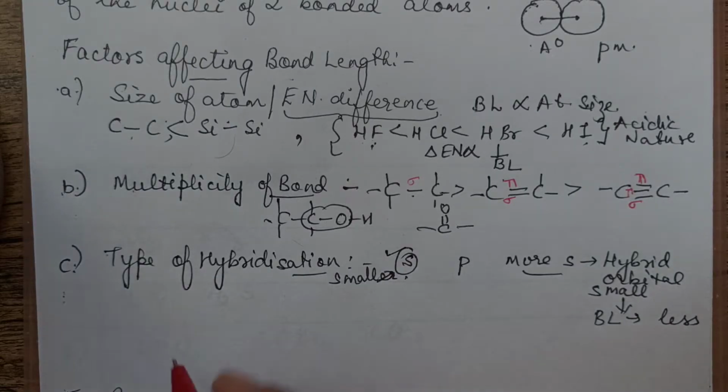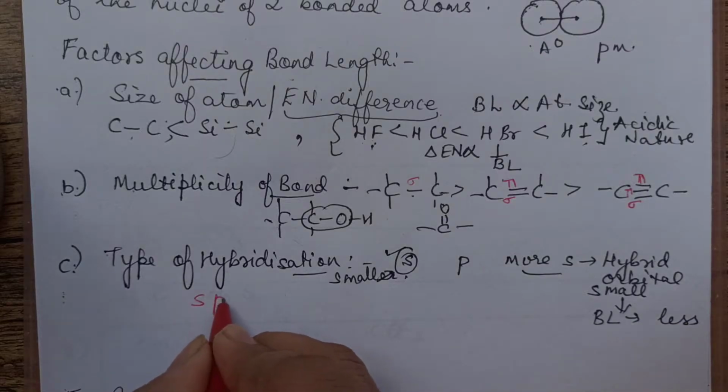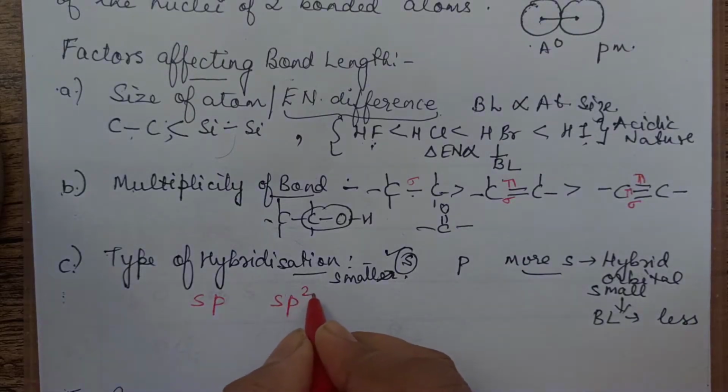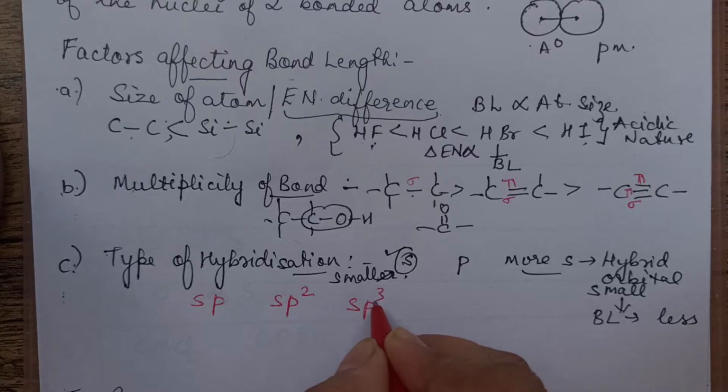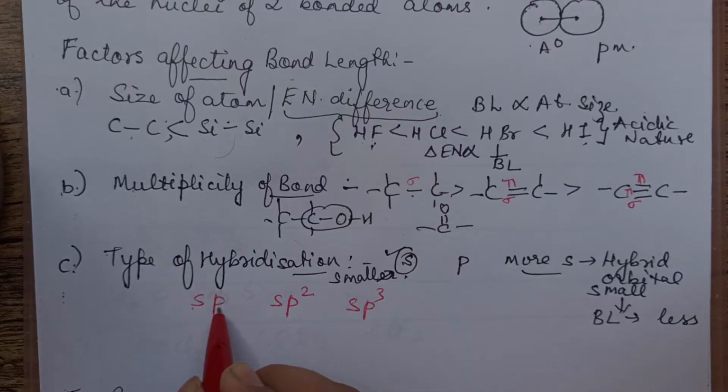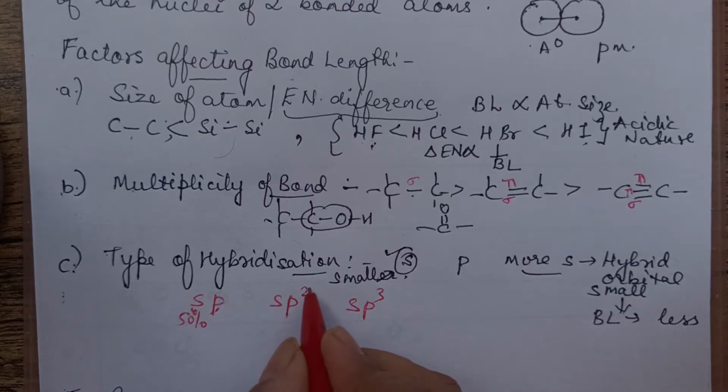So suppose I consider three different types of hybridizations. If I am comparing sp, sp2 and sp3. As the name itself says, 1s and 1p. 50% s and 50% p. Yes, this is having 50% of s character. This is out of 3 orbitals, this is 1.